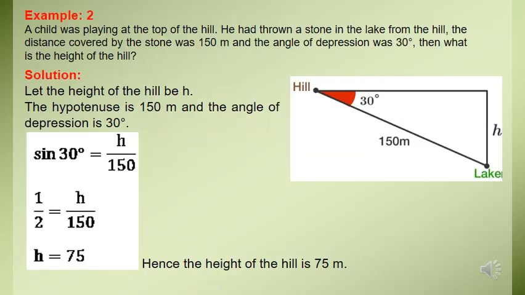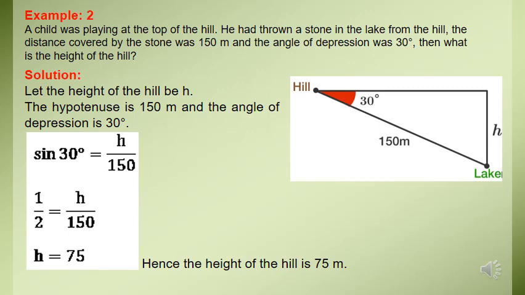Students, similarly we'll see the second example. A child was playing at the top of a hill. He threw a stone into the lake from the hill. The distance covered by the stone was 150 meters and the angle of depression was 30 degrees. What is the height of the hill?